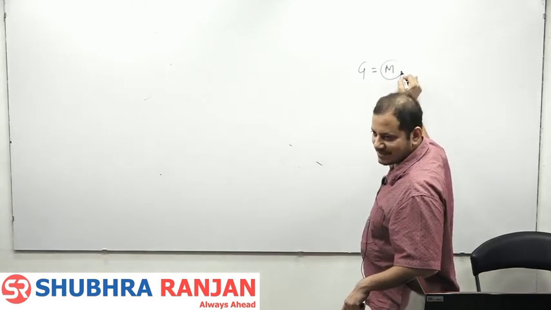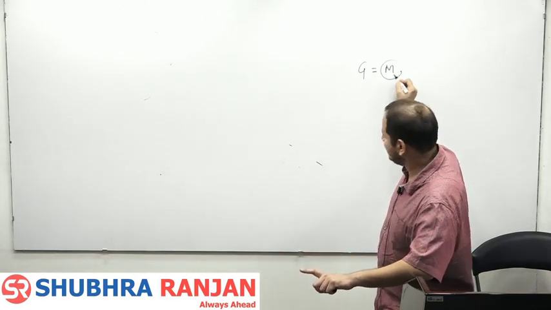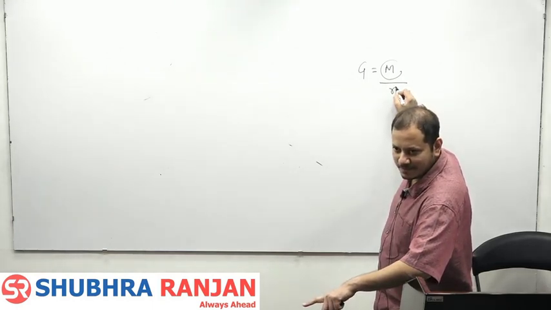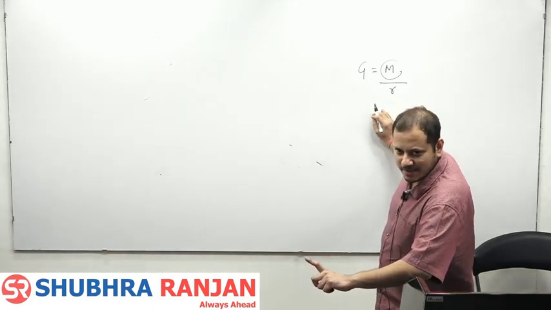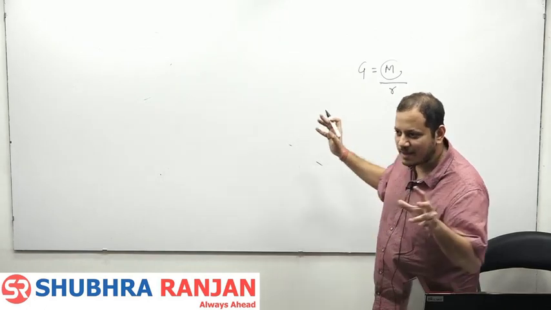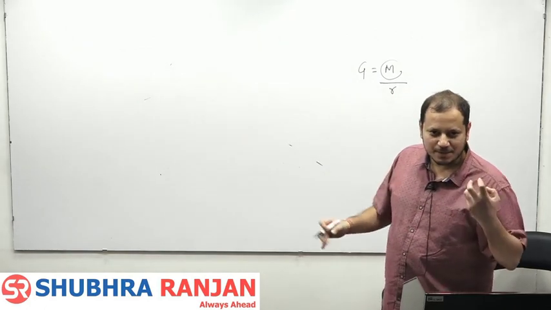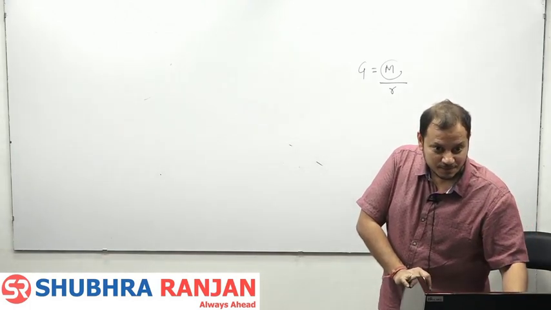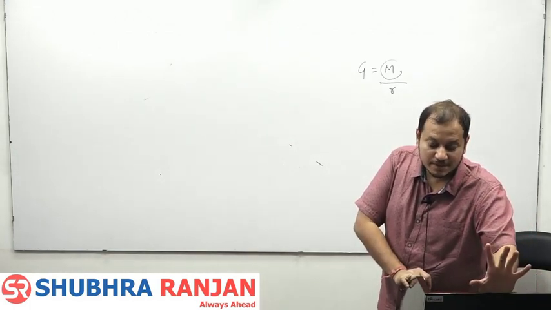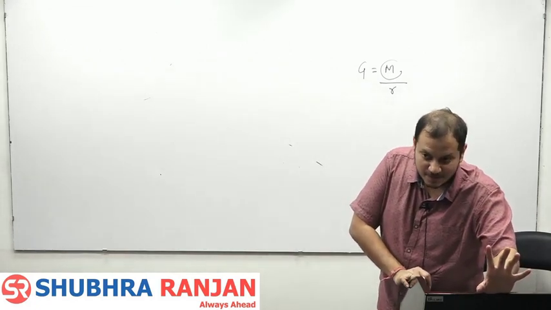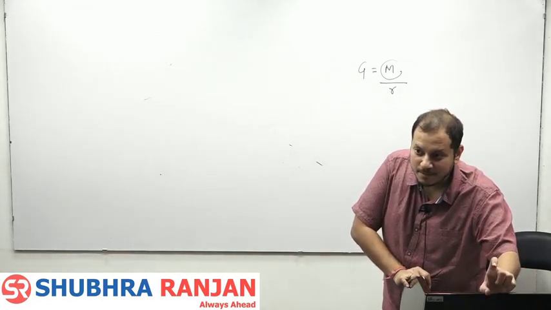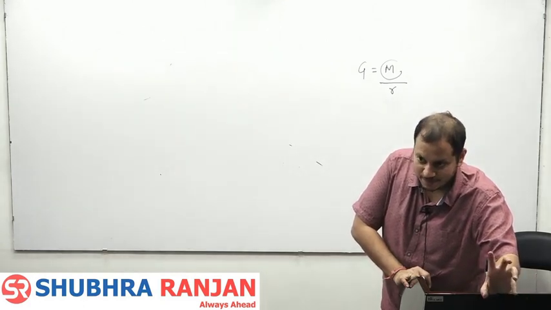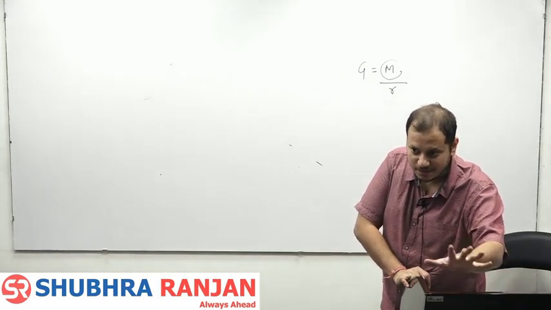So mass, forget about other things, and r is down or up. So gravity is directly proportional to the mass. जितना ज़्यादा mass उतना ज़्यादा gravitational pull, and जितना distance उतना less gravitational pull. Fine. So gravity depends upon the mass. Where is the mass maximum? Surface पे या core में? Core में. So the gravity is maximum inside the core.